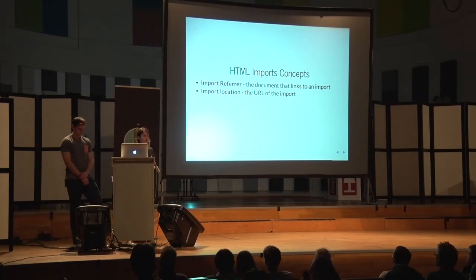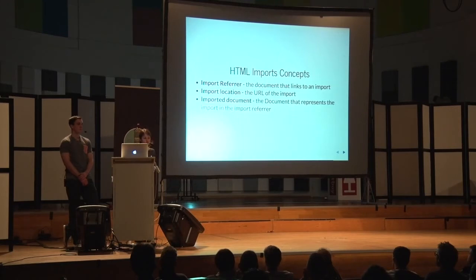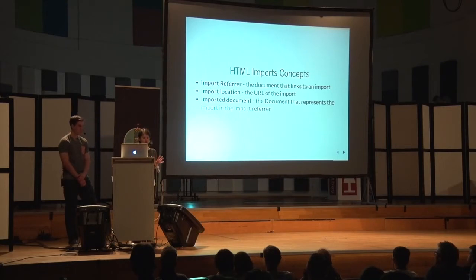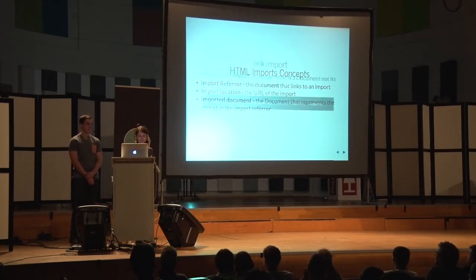There's the import location, and that's the URL of the import, so that href attribute, that's the import location. There's also the imported document, and this is basically the document that represents the import. I'll clarify this for you in a second.